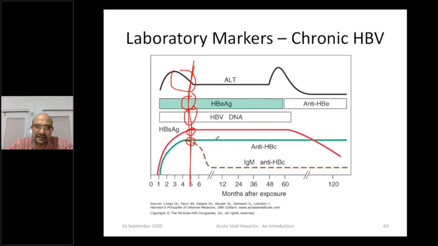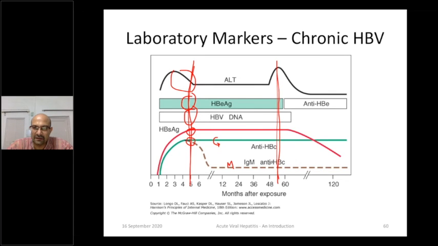These are the IgG type of antibodies here, and these are the IgM type of antibodies here. Whereas if you're looking, let's say, at about 48 to 50 weeks, at this time you will find a similar pattern as the beginning.